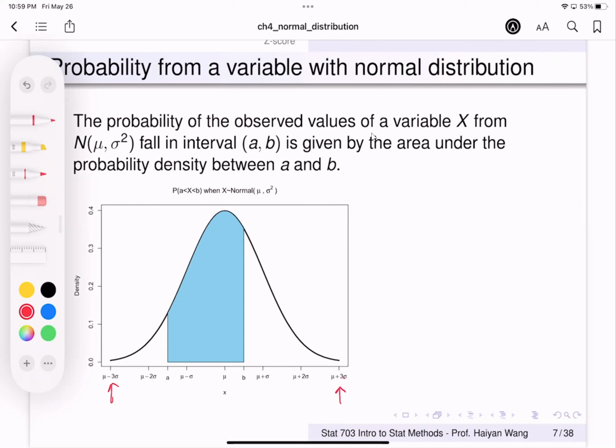And so you know mu and 3 standard deviations is that much, therefore you can tell about where 1 standard deviation above the mean and 2 standard deviations above the mean are. So that's the special case for this normal distribution. 3 standard deviations below and above the mean already contains the majority of the possible values. Not only the majority, it is nearly all of them.